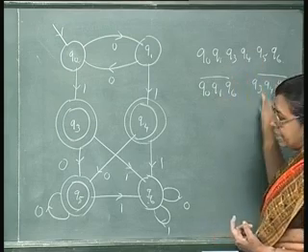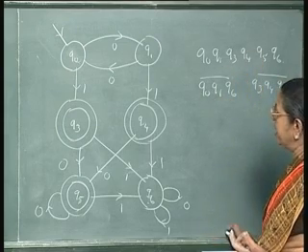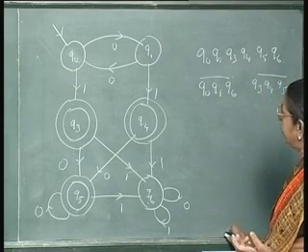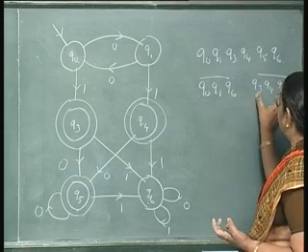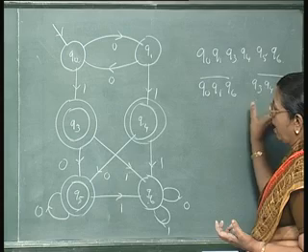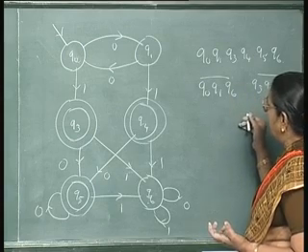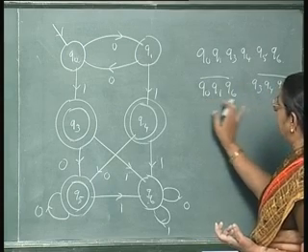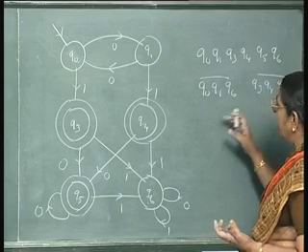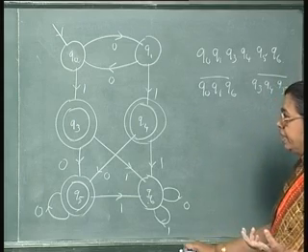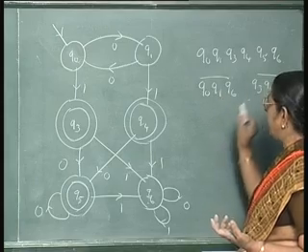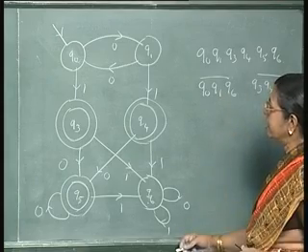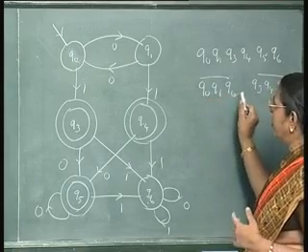And to partition this, you made use of the empty string as the distinguishing sequence. So, non-final states form one block, final states form one block. You have to still try to, the possibility is these 3 may be equivalent. You have to test further whether they are equivalent. Now, consider Q0, Q1, Q6. What are the 0 successors for Q0, Q1 and Q6?